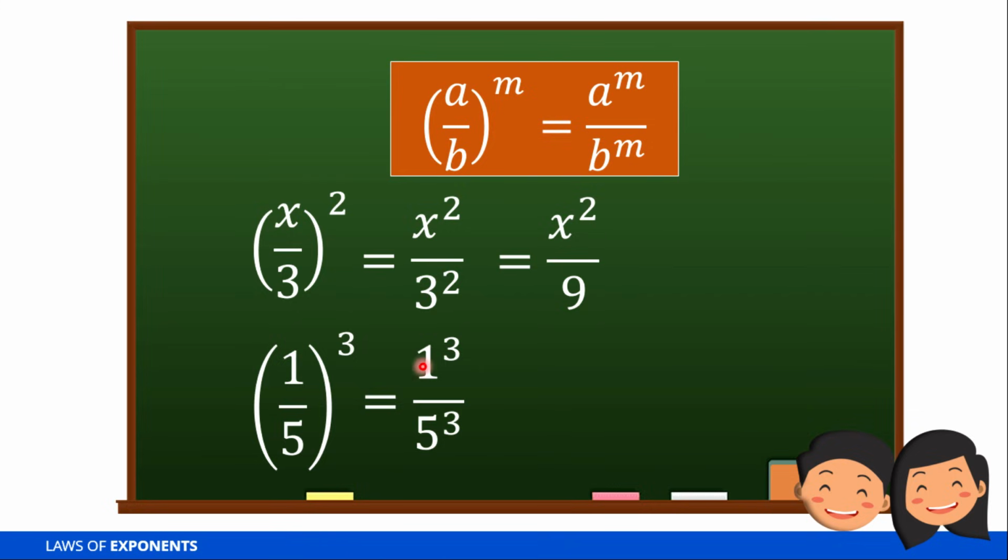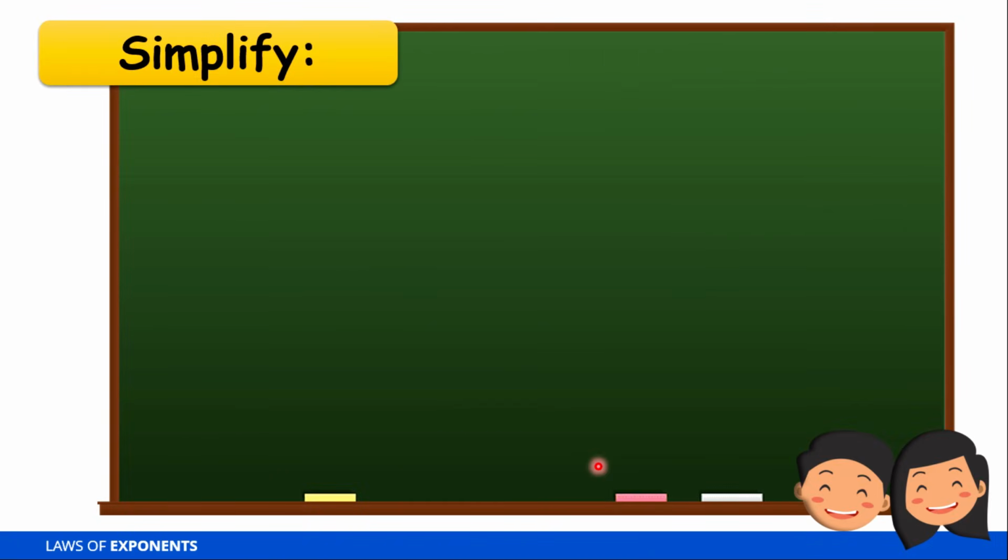Simplify, since parehong number yan, yung ating mga base, our expression will become 1 over 125. 1 times 1 times 1, that is 1. Tapos 5 times 5 times 5, that is 125. Now, let us use those rules or laws of exponents, okay, sa pagsisimplify ng isang algebraic expression.